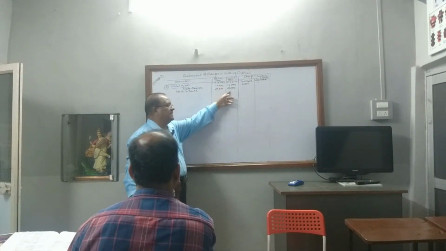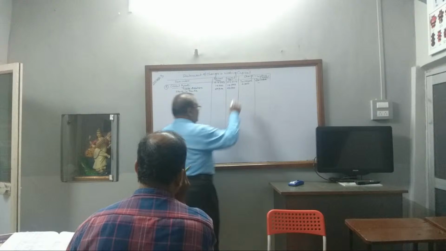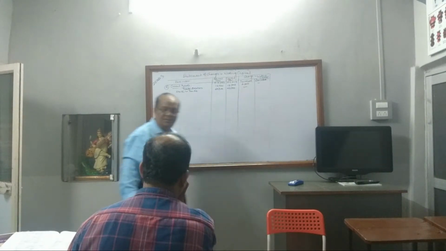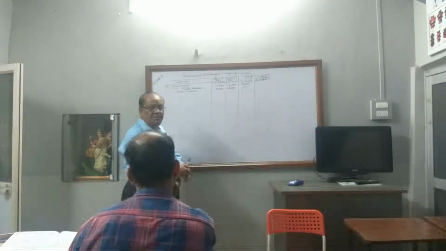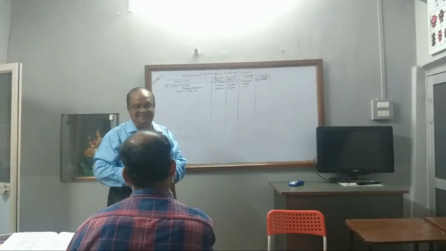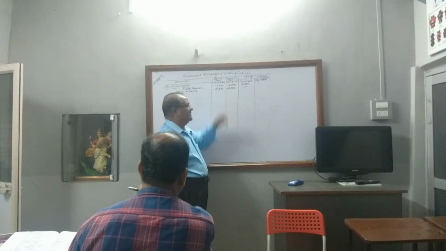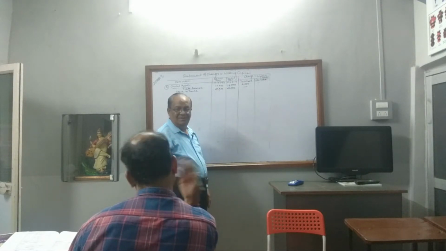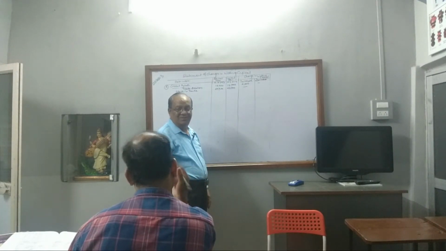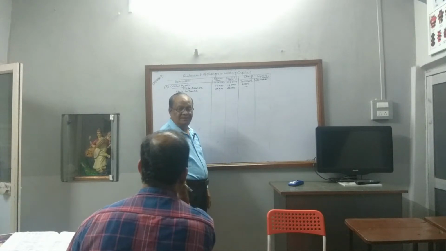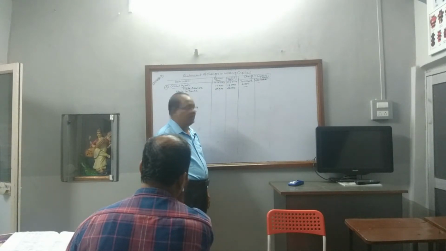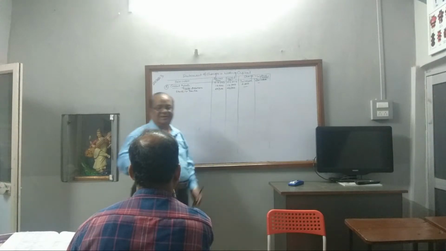This is an increase, but this is a decrease. Then you write it in the decrease column. Means you compare the last year to the current year. Not like that.